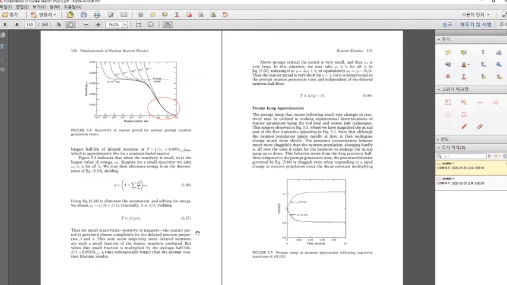So some explanation: for small reactivities, no matter whether the reactivity is positive or negative, the reactor period, this T, is governed almost completely by delayed neutron properties, beta and lambda. And of course, the property of prompt neutrons, this prompt generation time, its effect has almost disappeared.